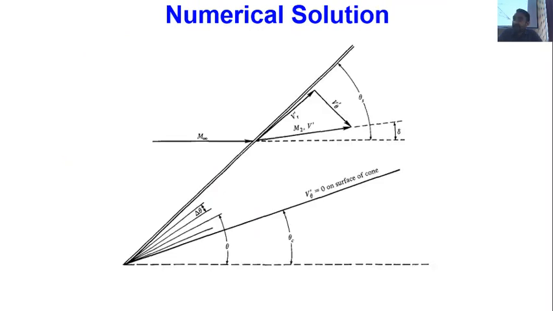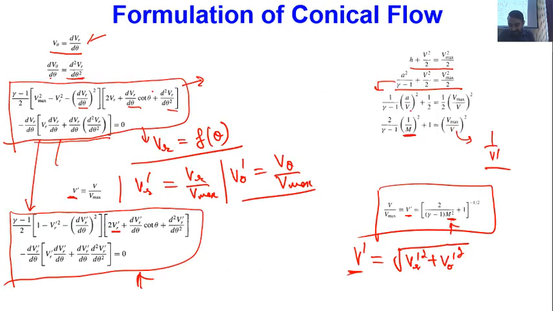Now it is important to know that this equation still has so many terms, though it has become an ordinary differential equation, because our sole dependence is on a single parameter theta.